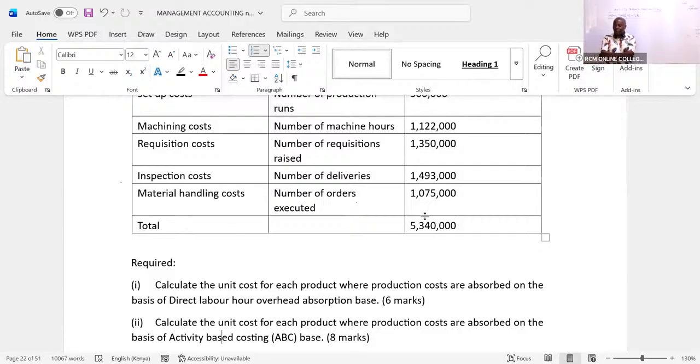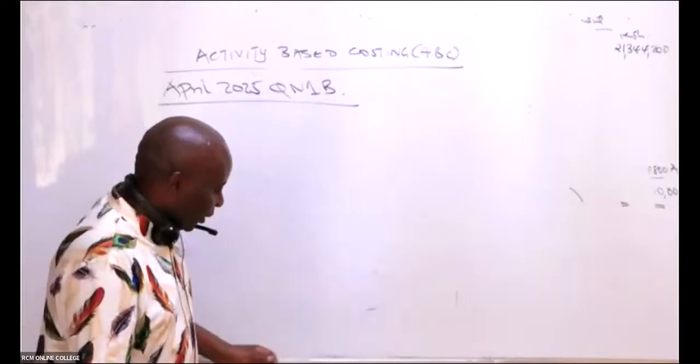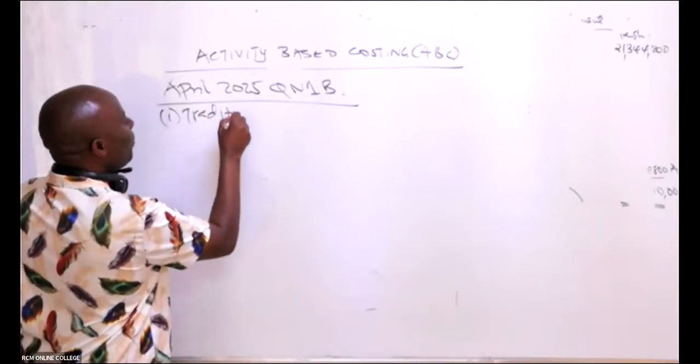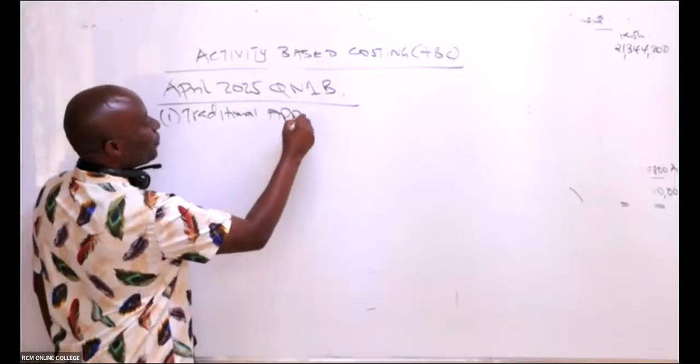So they want me to calculate these costs for each of these products by, first of all, apportioning the entire overhead of 5,340,000 using one cost driver, one factor. So in this case here, number 1, it is a traditional approach.